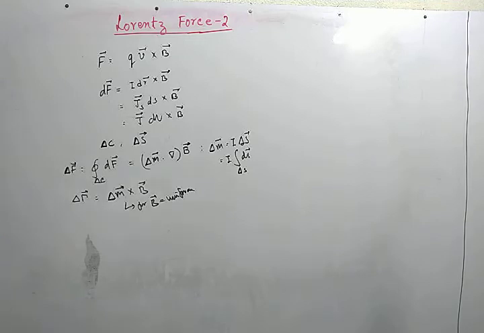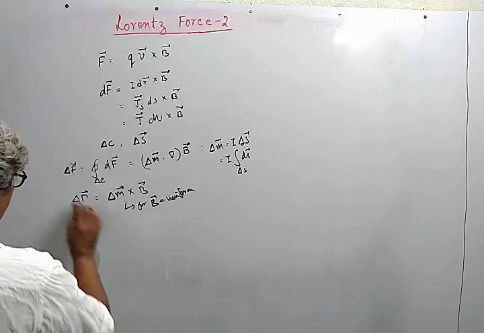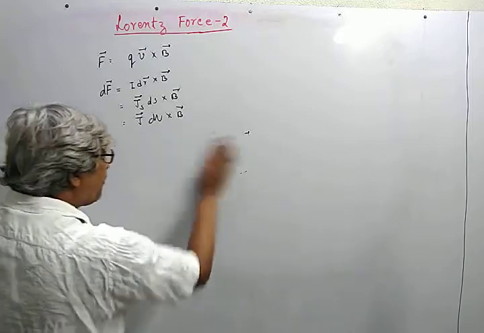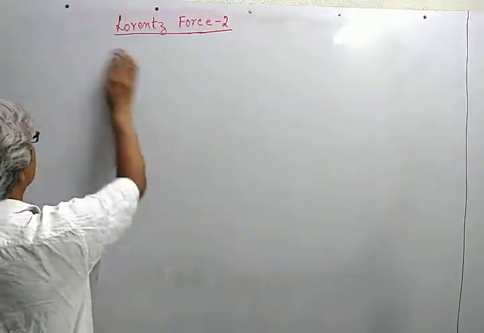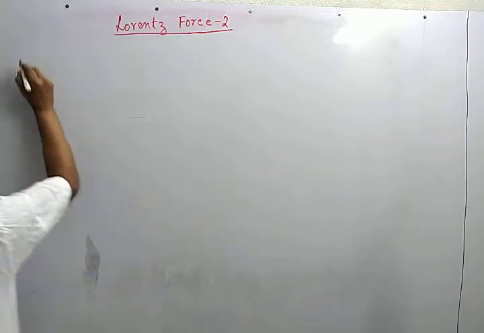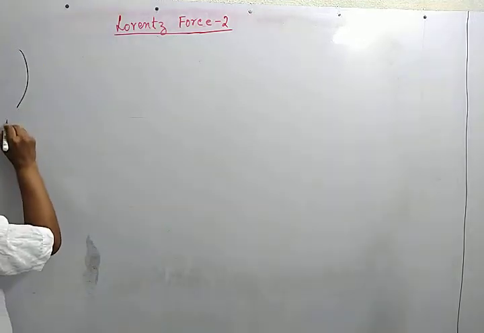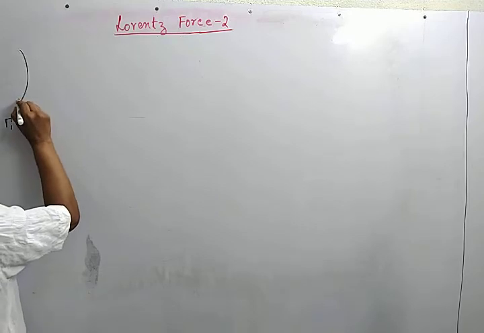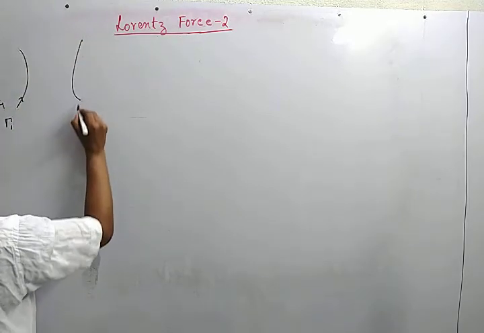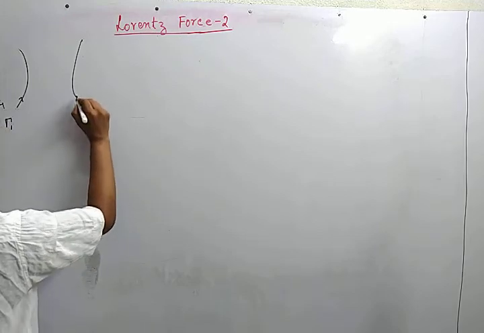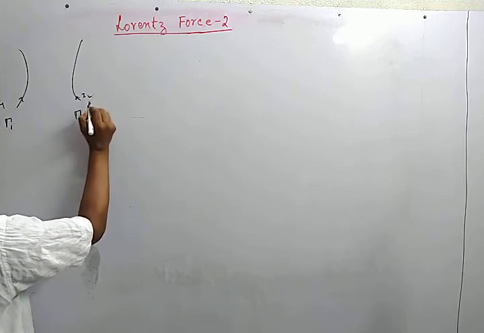Today we will discuss what is the force that acts between two current carrying conductors, that is the interaction force between two current carrying conductors. So we have a conductor tau 1 which carries the current I1, and we have another conductor tau 2 which carries the current I2.